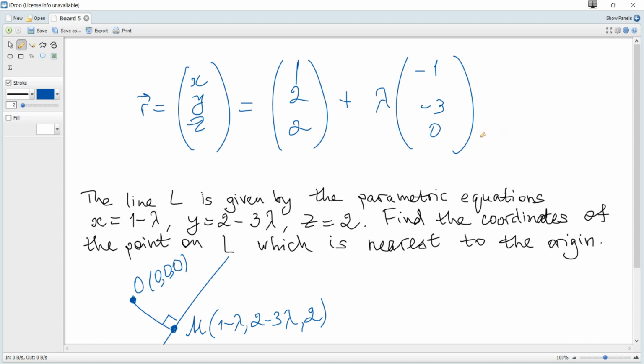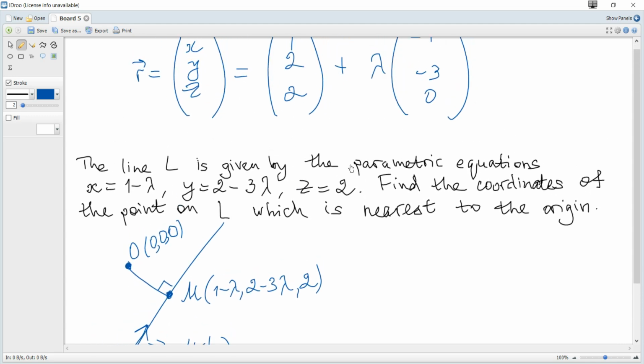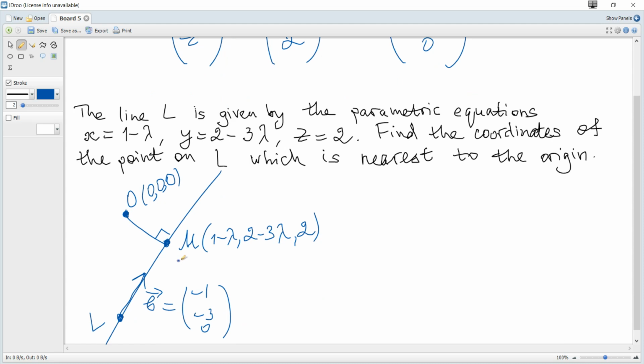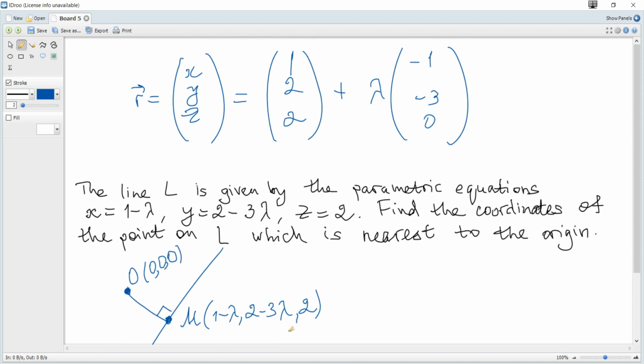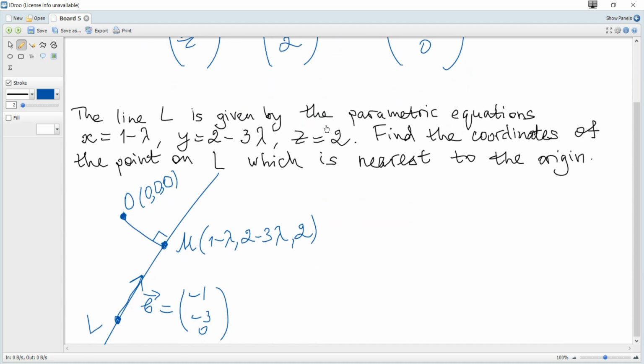Since the coordinates of the initial point are 0, 0, 0, for the coordinates of a point we get the same values. They have different meanings, but the values are the same. Coordinates of a point we write in a row, coordinates of a vector we write in a column.